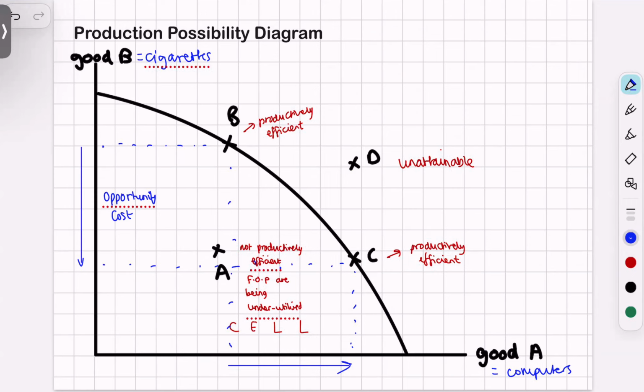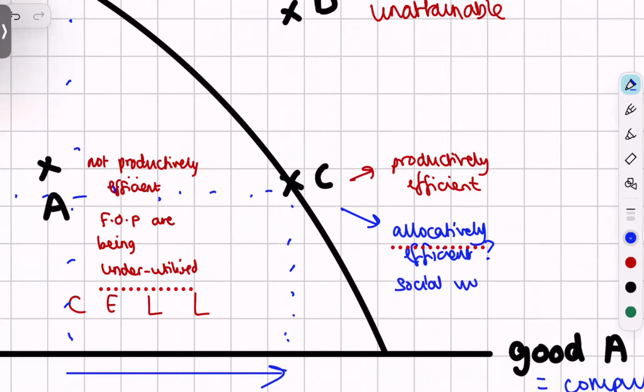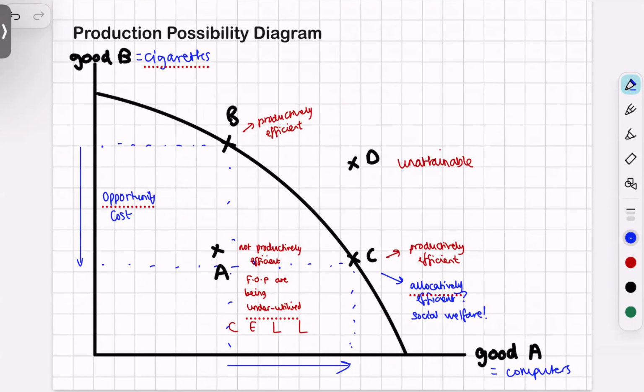Because allocative efficiency is about whether something is maximizing social welfare. Obviously, a high production of cigarettes is not likely to maximize social welfare. Okay. Does that make sense?